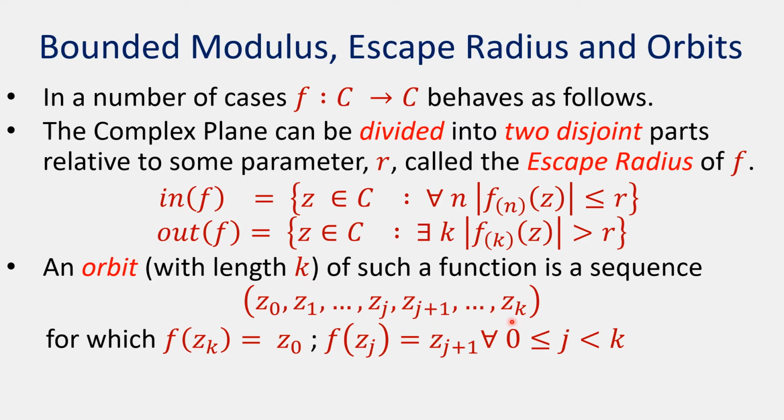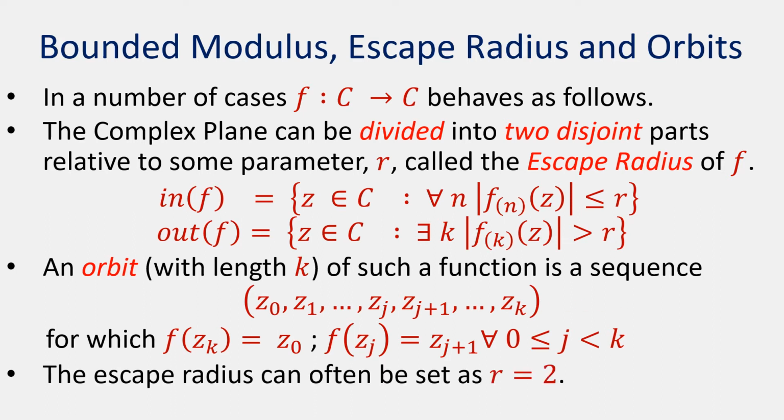But when we apply the function to the last element in the sequence, that takes us right back to the start. So iterating the function starting from this point here, that just takes us round in a circle, in an orbit, as it's referred to. The escape radius we need to use, the size parameter here, very often it suffices just to set that as low as a value 2.